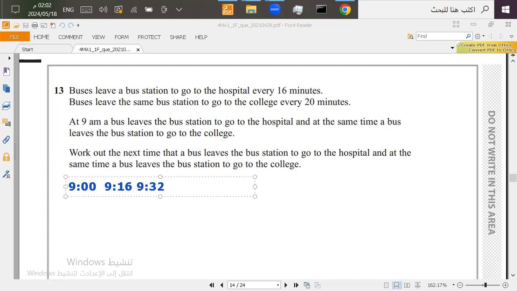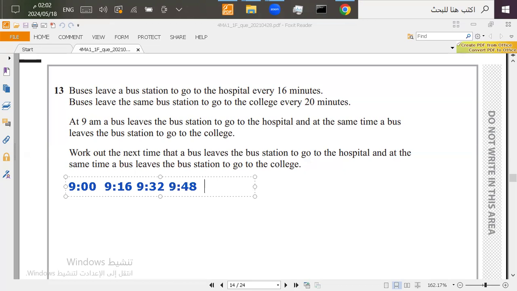So every 60 minutes, it means I'm going to add 60 minutes every time.